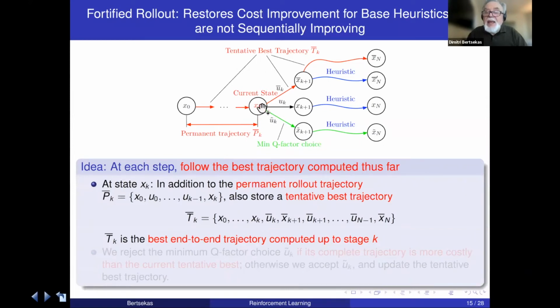And now we take this trajectory and we compare its cost with the cost of the tentative trajectory, the best we have found so far. And if it is inferior, we reject it. And we keep following this control, the red control suggested by the tentative best, rather than the green control.